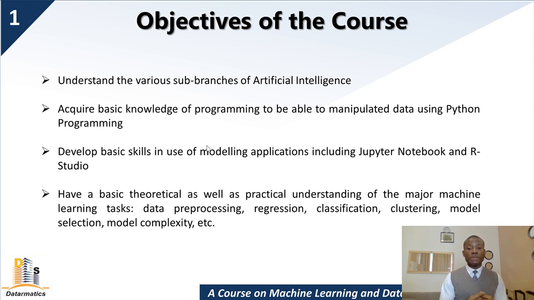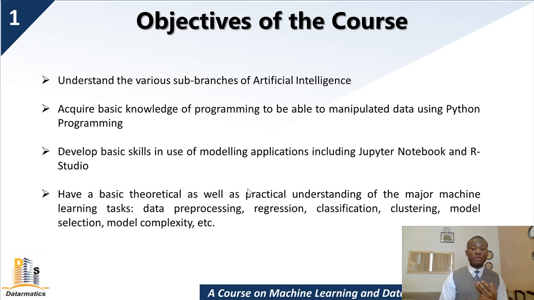You also have to develop skills in modeling applications, including Jupyter Notebook, R, and RStudio. You should have skills of using these applications very effectively in managing data. Then you need to have a theoretical knowledge as well as practical knowledge of machine learning tasks.